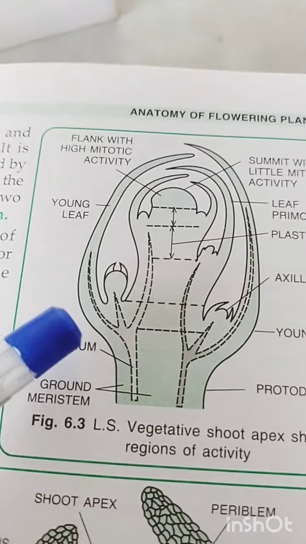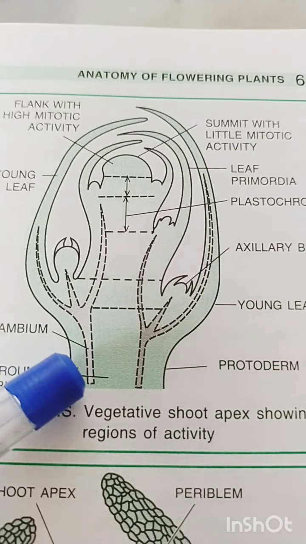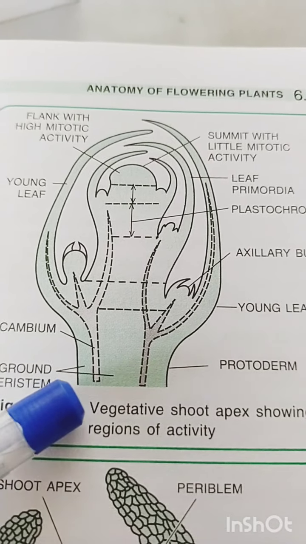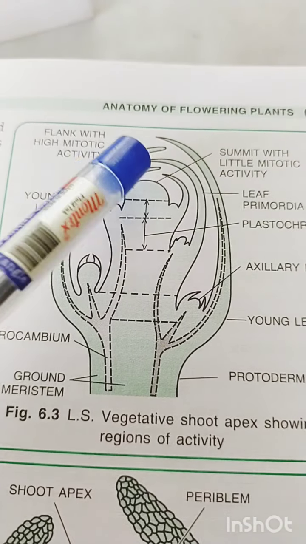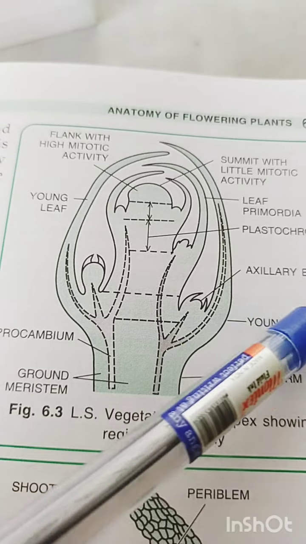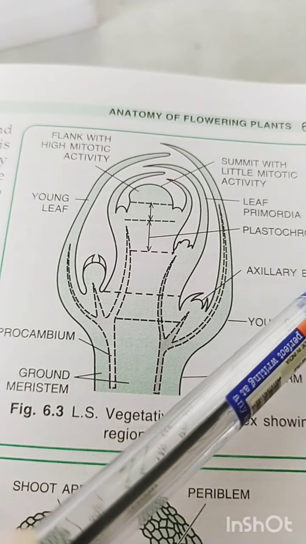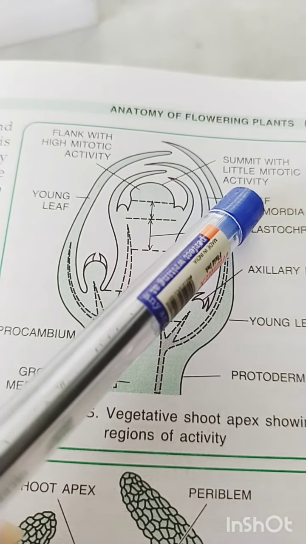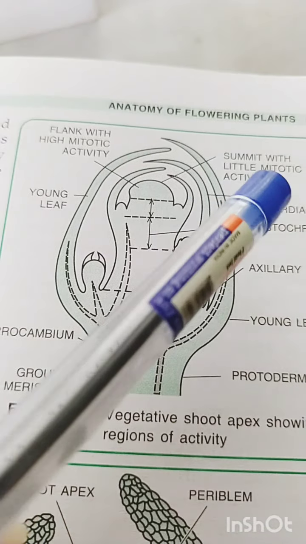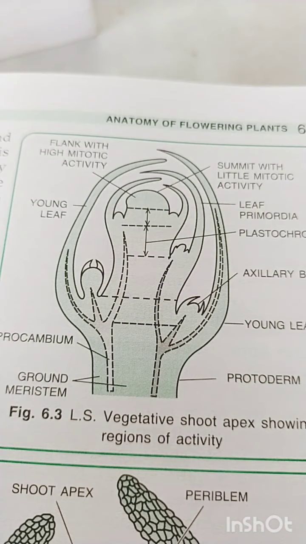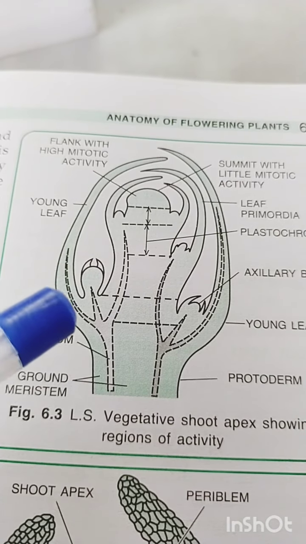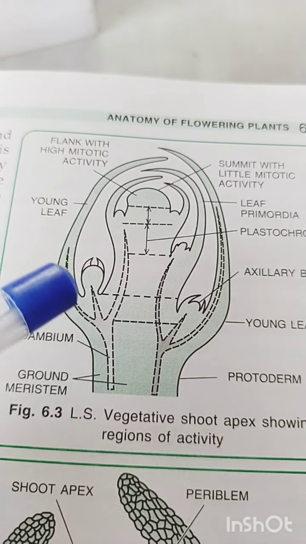If we see the radial section, or you can say the transverse section, the diagram will be different. As you can see, this is the LS of shoot apex. Now what is shoot apex? The apex of the aerial part of the plant. Here you can see the young leaf, this is axillary bud, leaf primordia. These are the structures found when you cut the LS of the shoot apex.